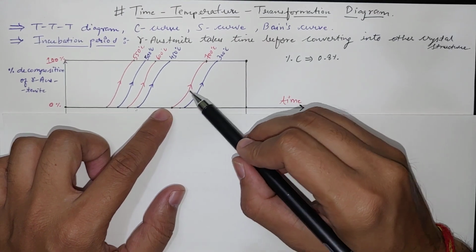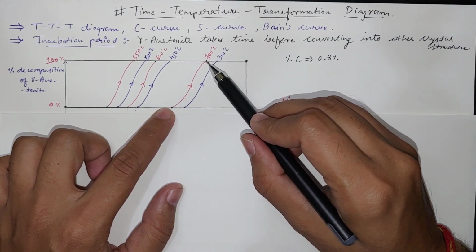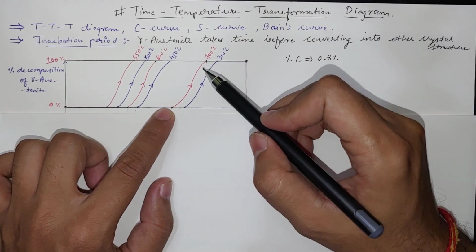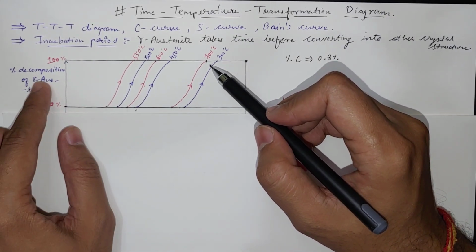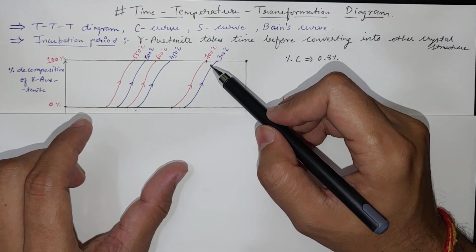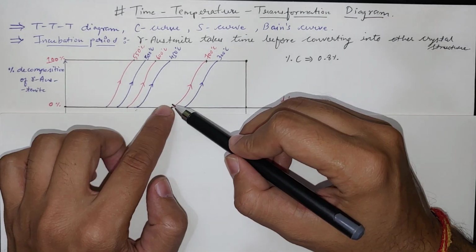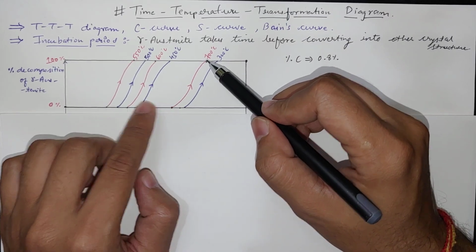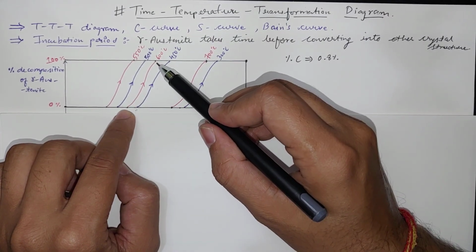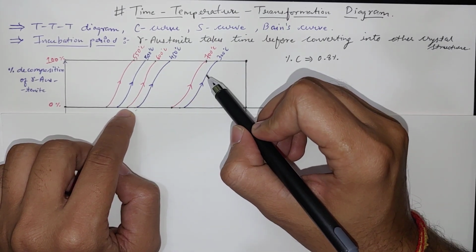Our workpiece in gamma austenite will be above 720 degrees Celsius, so we give the environment of 700 degrees Celsius where it cools at a constant temperature of 700. Similarly for 600 degrees Celsius, and similarly for other temperatures.